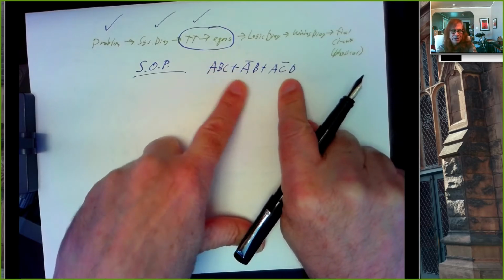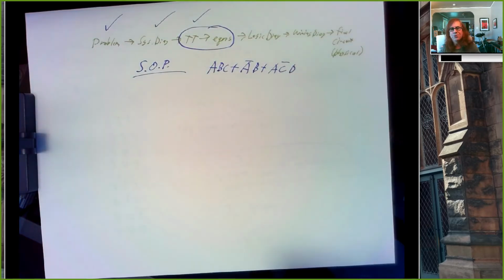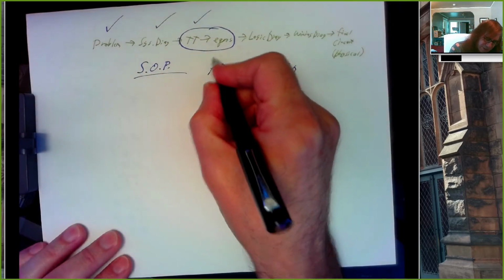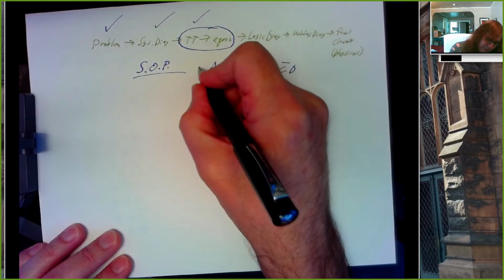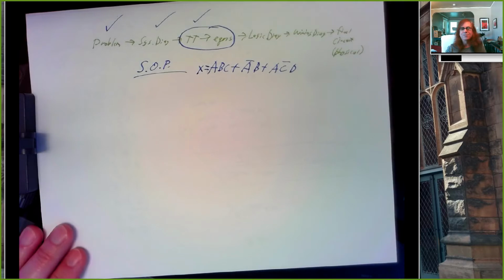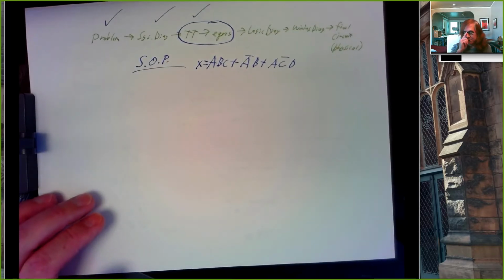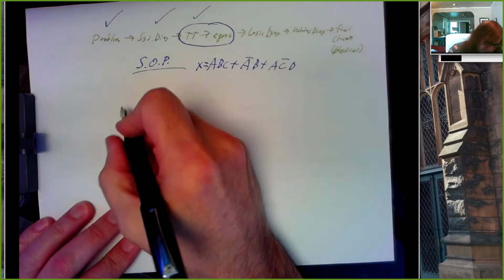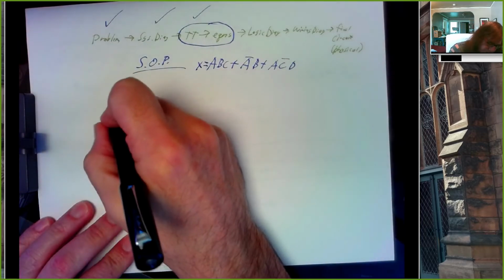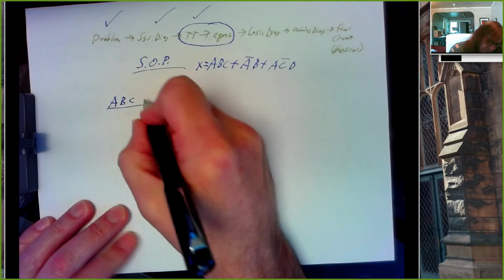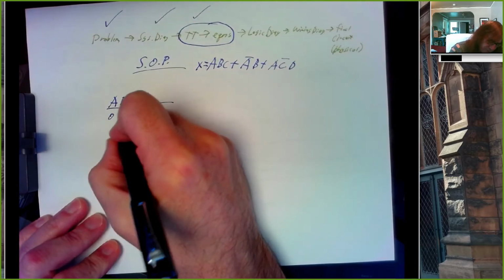So those are 3 products, and then we sum them together. We OR them. So this is a sum of products expression, and it might be X equals all of that stuff. We know how to do this in some ways from past work. So let me make some truth tables.